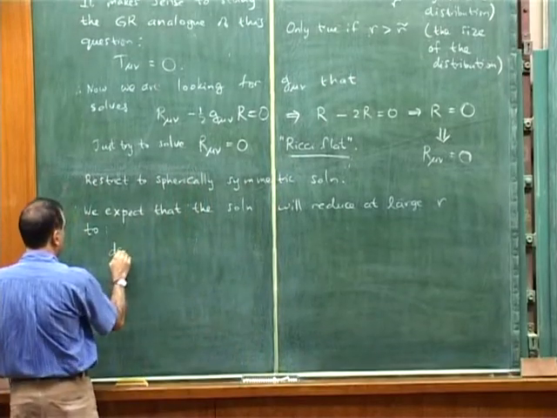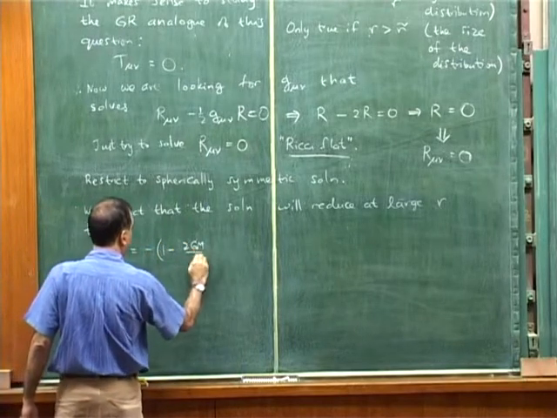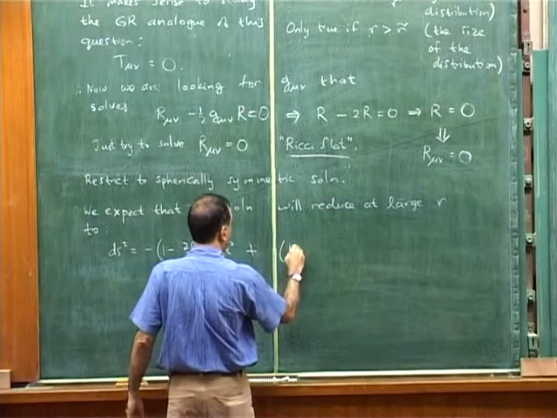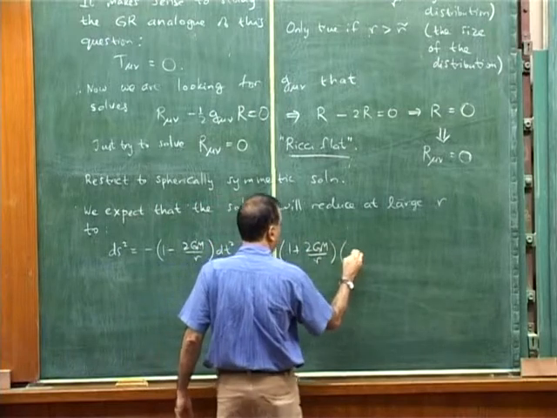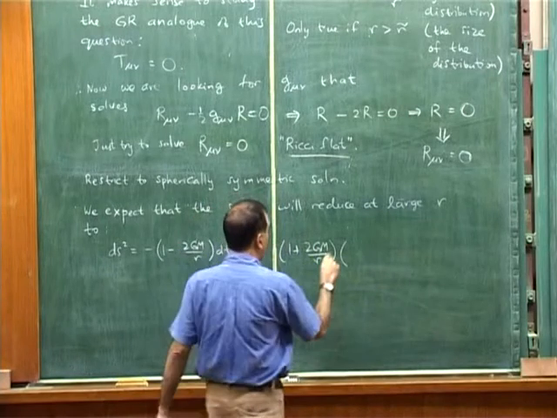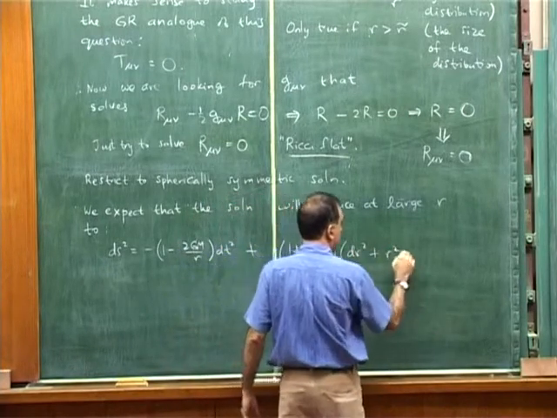So what is it? ds squared equals minus (1 minus 2Gm upon r) dt squared plus (1 plus 2Gm upon r). Here I should write dx squared plus dy squared plus dz squared, but let me write the same thing in this way.